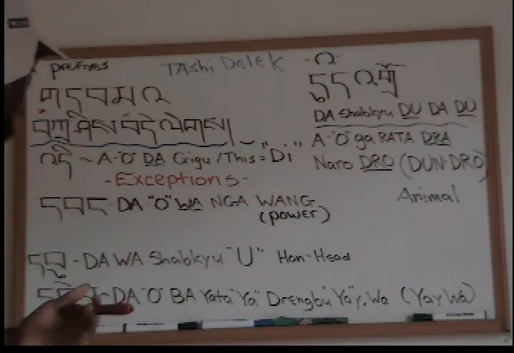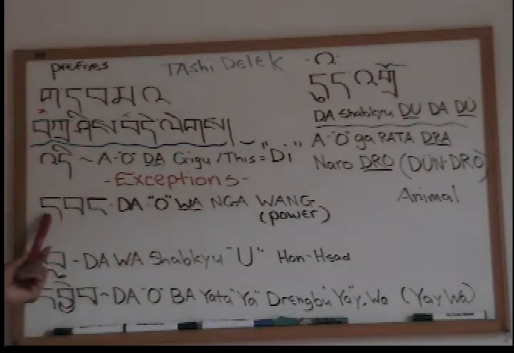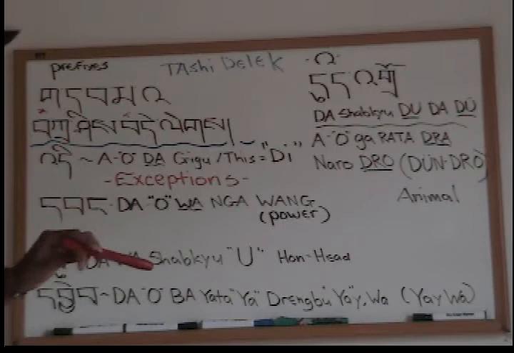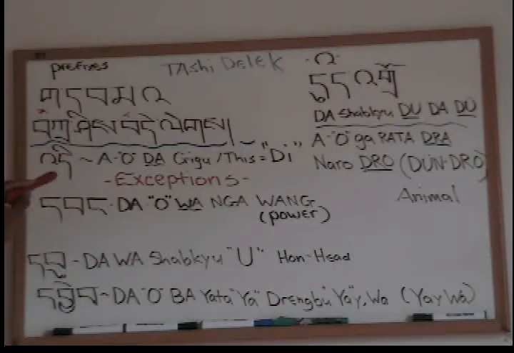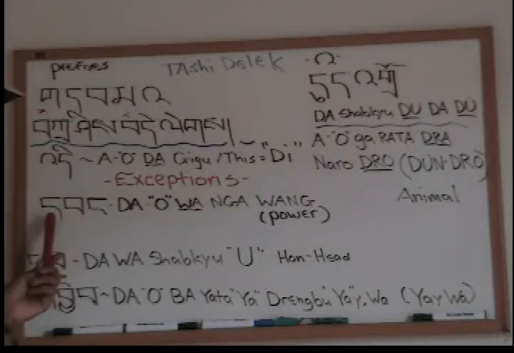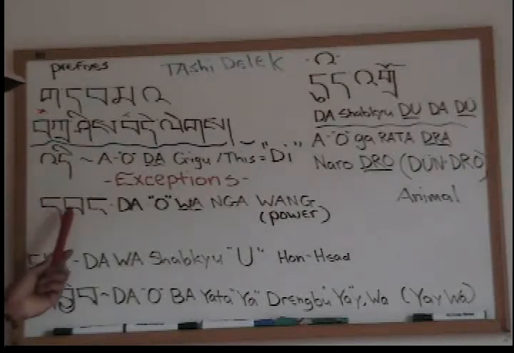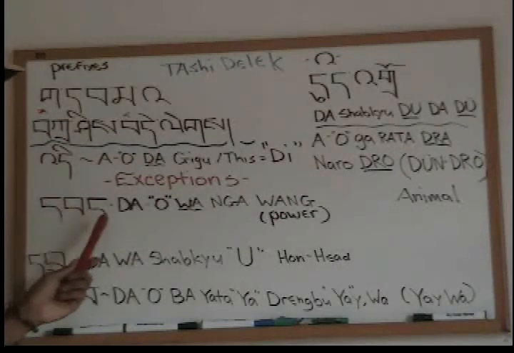This first exception is when you have this da here, which is another prefix. When this da precedes this ba here, and the ba doesn't have a vowel or yata, it's going to turn into a wa. So let's spell it: da, o, wa, ga, wan.